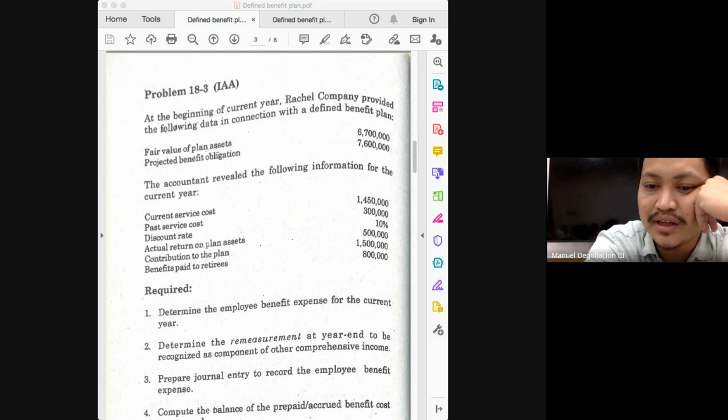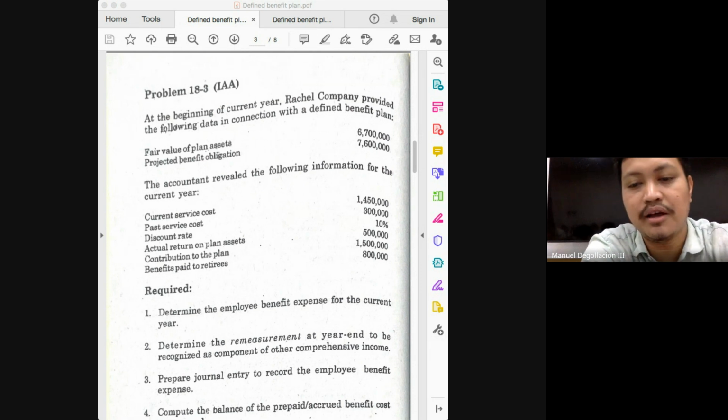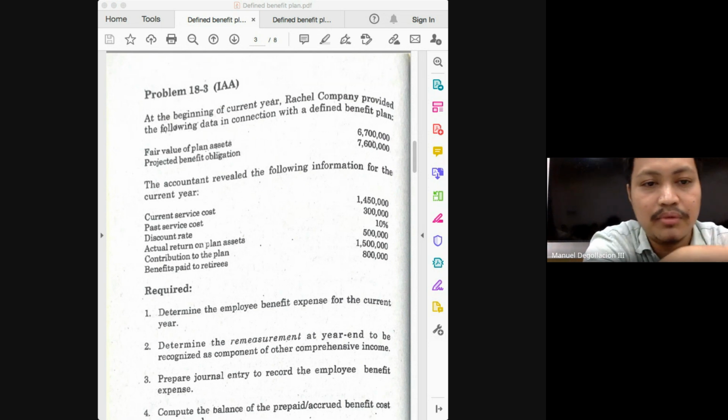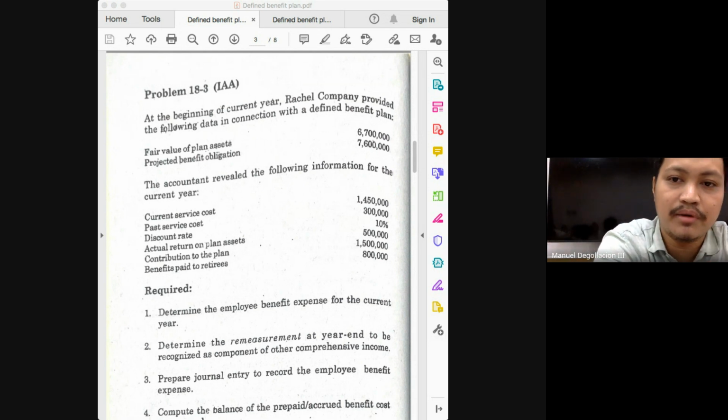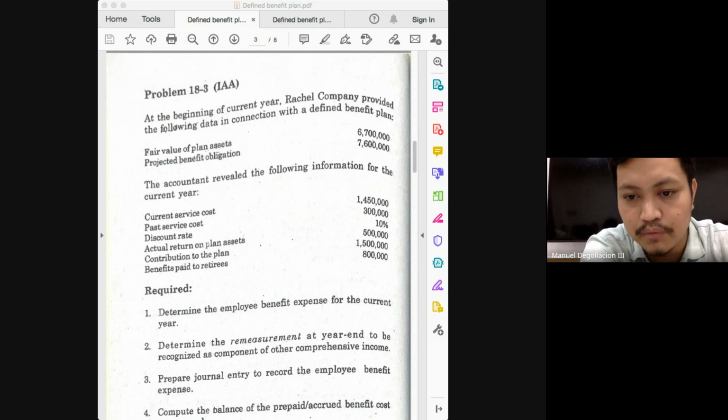Do we have benefits? Yes, benefits paid in the amount of 800,000. And do we have any settlement of your defined benefit obligation? Also, no. So we have everything we need to solve your ending PBO.